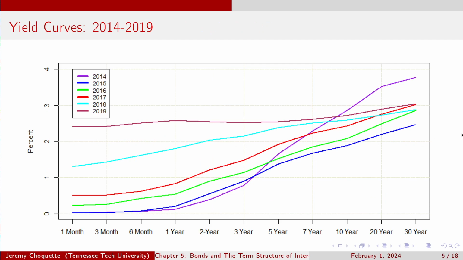Now I've got yield curves for different years. I really just took the average for 2014, 2015, 16, and so on, all the way on. Now, a year is relatively informative, but when it comes to financial markets, they tend to look at this stuff over the course of an hour or a day or something like that.